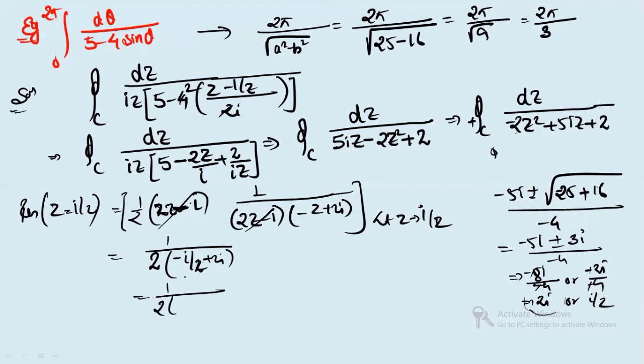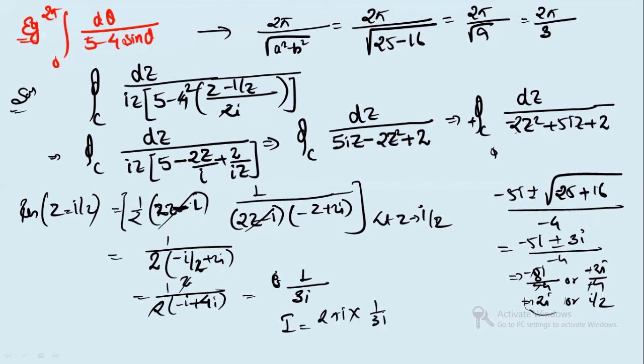So 2 will go in the numerator. This is minus i plus 4i. 2 and 2 get cancelled, and you will get 1 by 3i. So the integral is 2 pi i into the sum of the residues, 1 by 3i. i and i get cancelled. It is just 2 pi by 3.